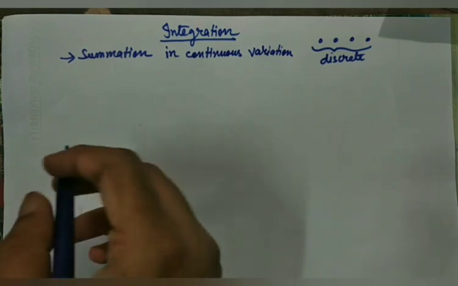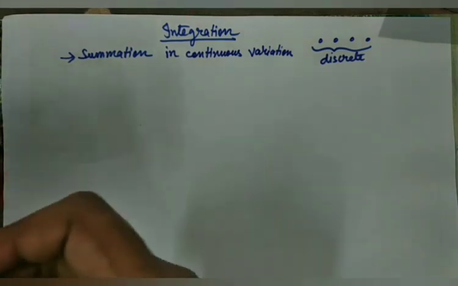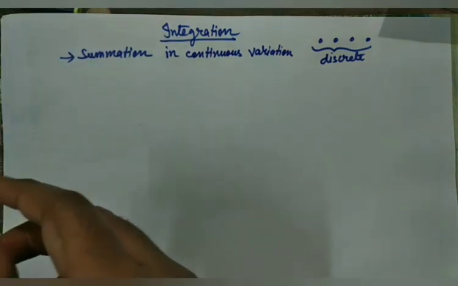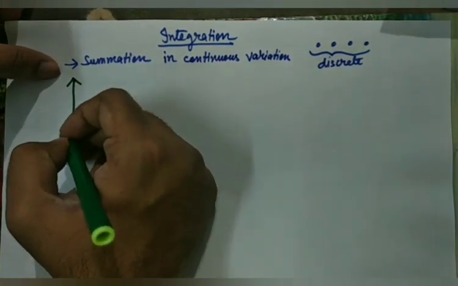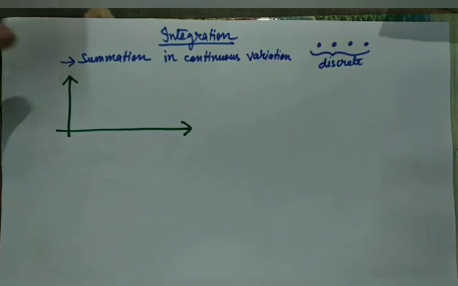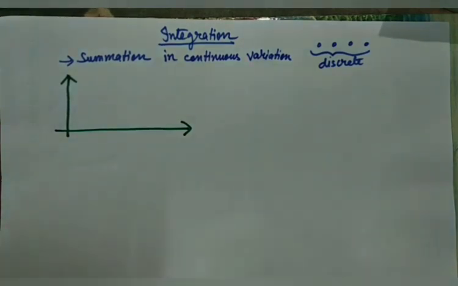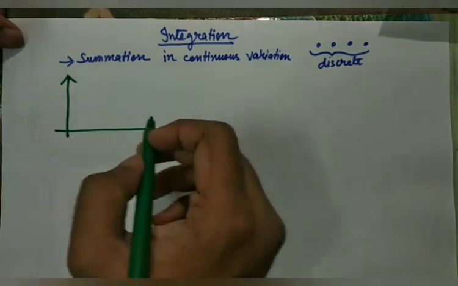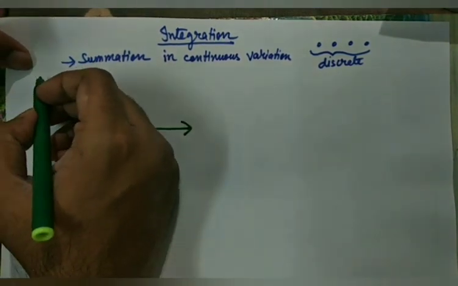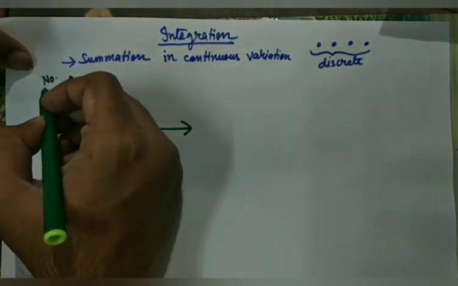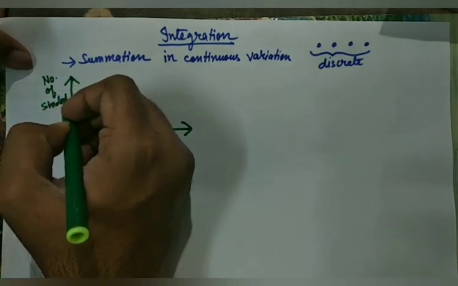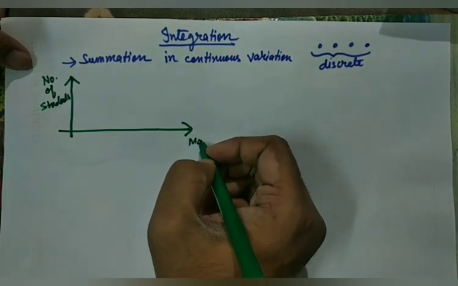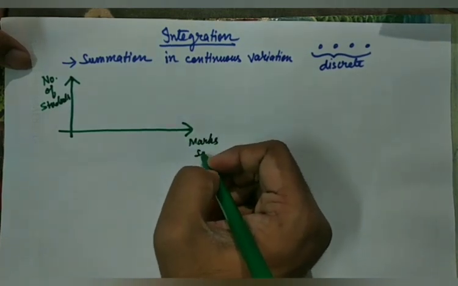Now let's understand this with an example. Suppose this is the number of students, and here I have given the grade secured.